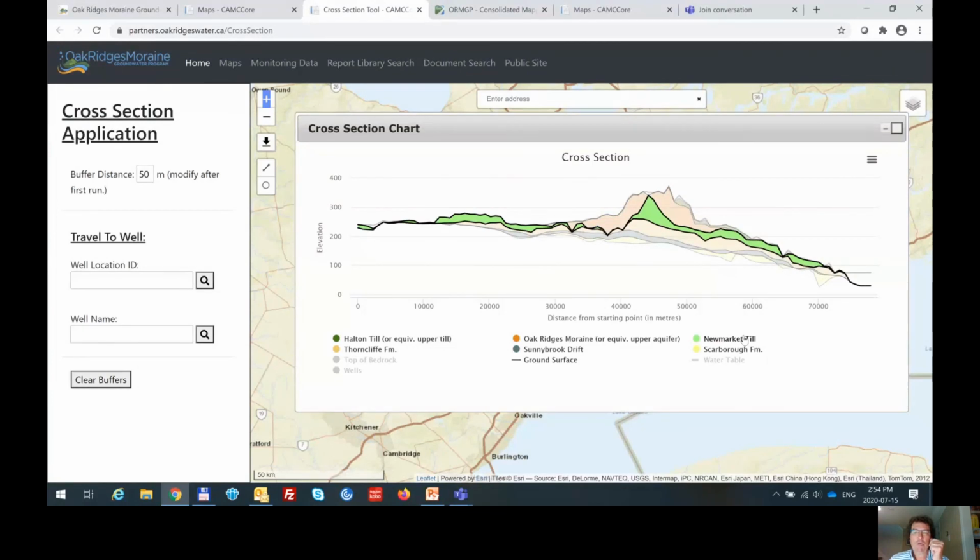So we haven't split out the upper Newmarket, the inter-Newmarket sediments, and the lower Newmarket in this version of posted surfaces. When we haven't specifically posted Oak Ridges age channels, they're generally incorporated into Oak Ridges moraine sediment. So those are a couple things to watch for with this version of surfaces.